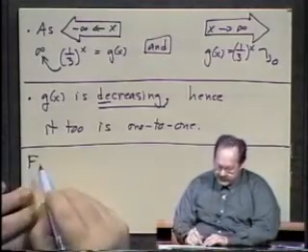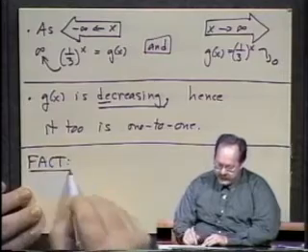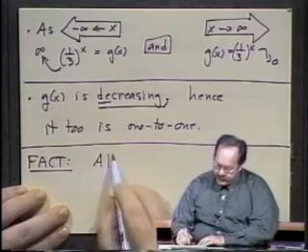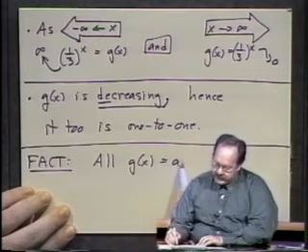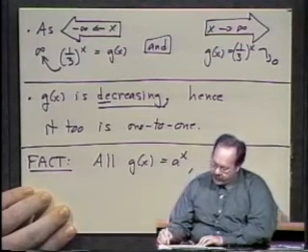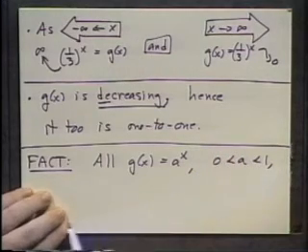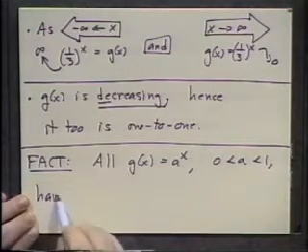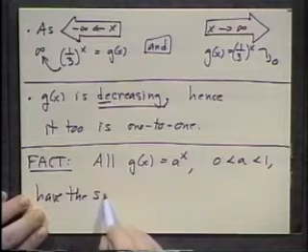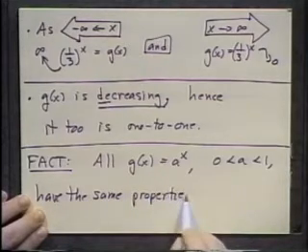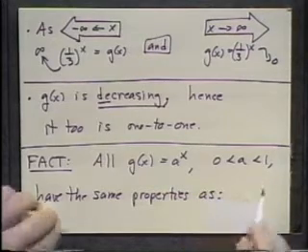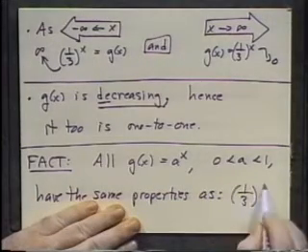I can write down the same fact as before, modified for the case 1/3: all g of x equals a to the x, where a is between 0 and 1, have the same properties as (1/3) to the x.